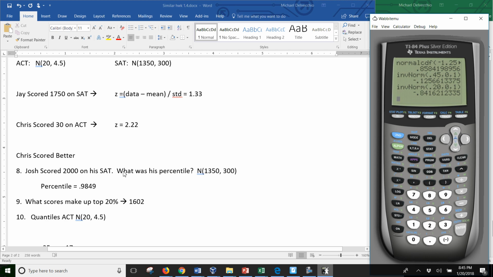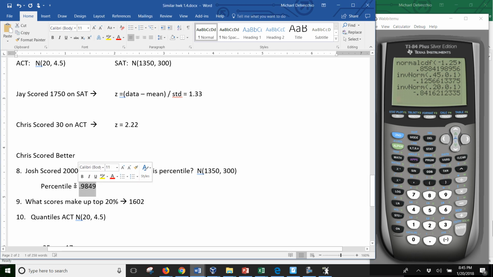Josh scored 2,000 on his SAT. What was his percentile? So here, these scores were distributed normally with a mean of 1350 and a standard deviation of 300. So what we're really talking about here then, let's go ahead and draw a little picture.